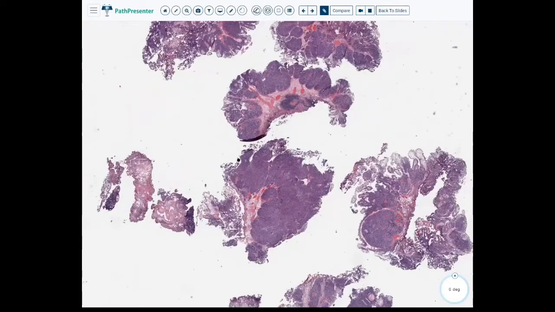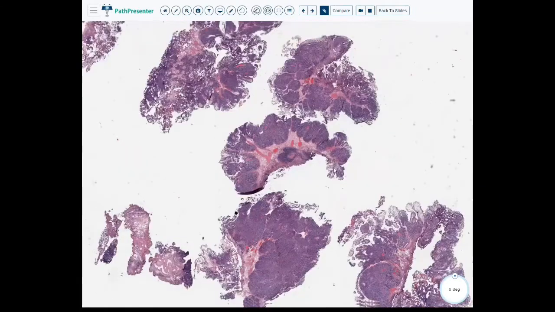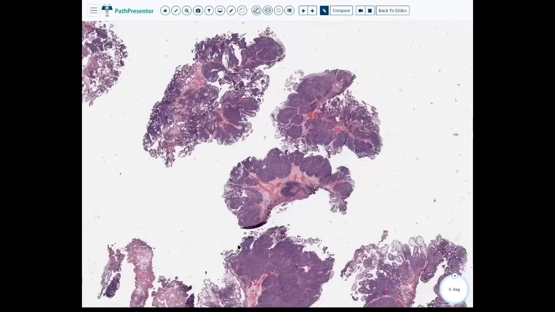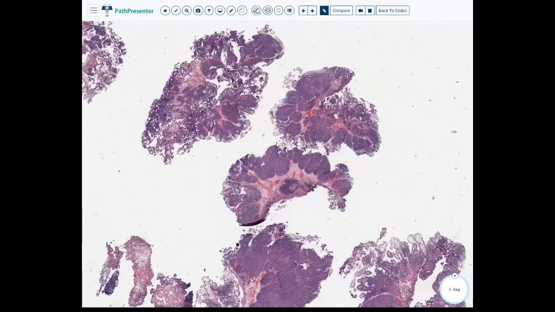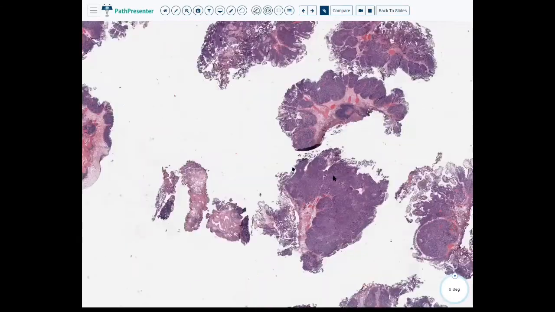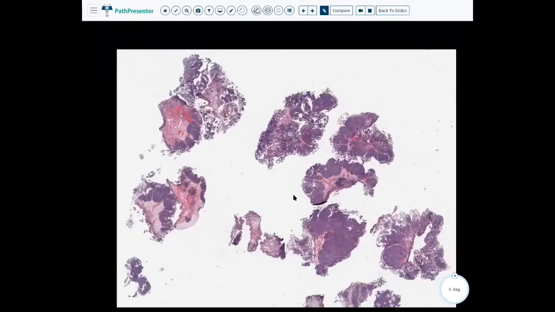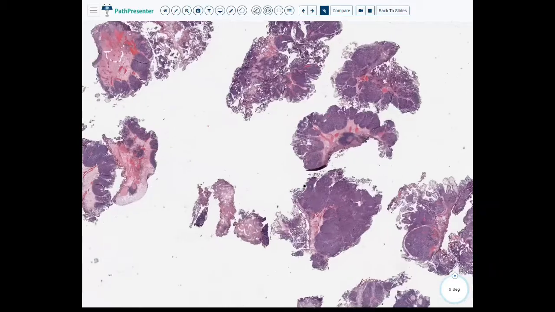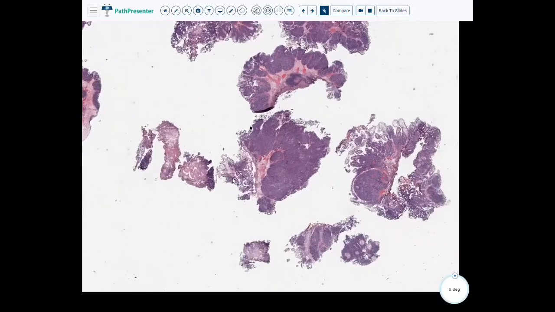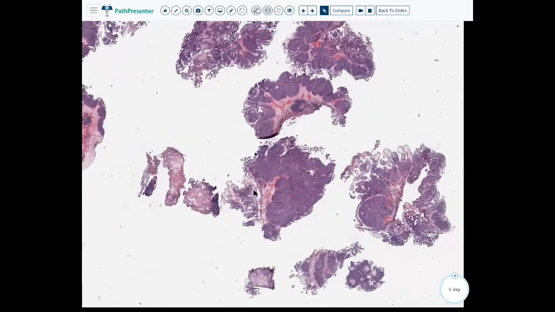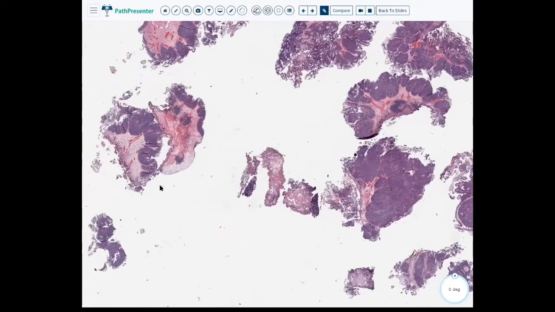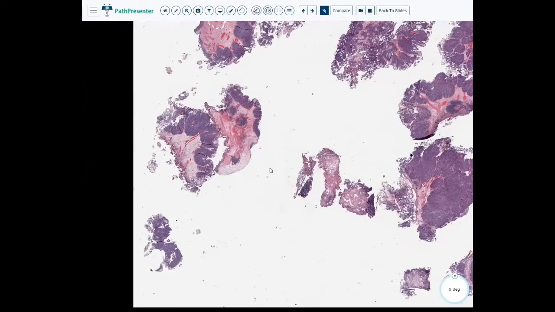There is some high grade pleomorphism, but I don't know that it's enough. And if this is a snapshot of the entire thing, it might not be enough to go to high grade. But again, totally open to suggestions if someone else feels that this should be moved completely to high grade, or you want to argue against listing high grade features. Please let us know in the comments, because these are great cases for discussion.